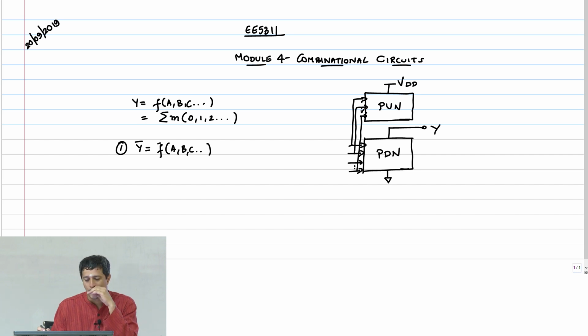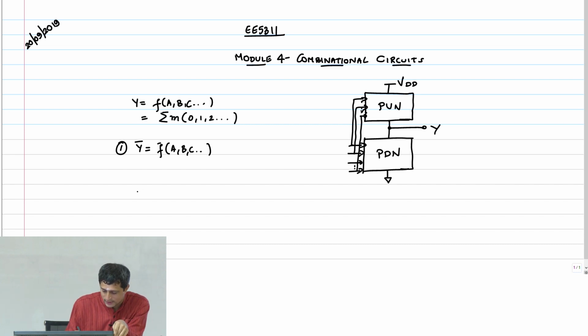Okay, this is where we started with this discussion, and then we proceeded to sizing the transistors, because we have to now fix the widths of these transistors. Length is always fixed, right.